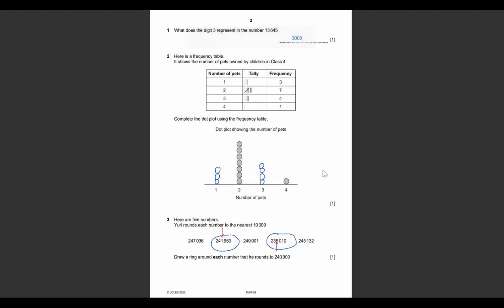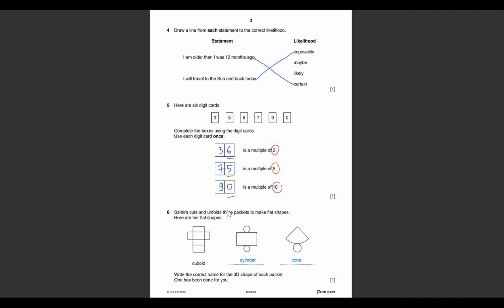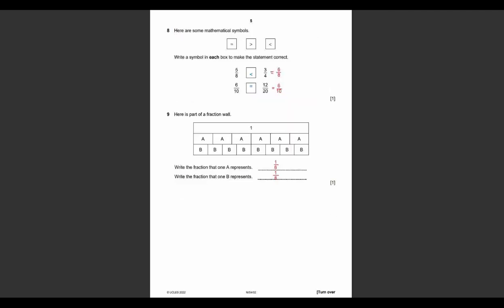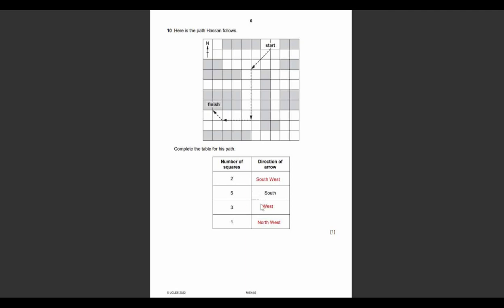Now we're going to see the answers in the answer slot. This is the second page, number 1, 2, 3 answers. This is page 3, number 4, 5, 6. This is page 4, number 7. This is page 5, number 8 and 9. This is page 6, number 10.